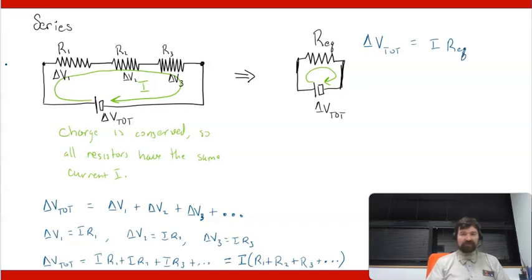So if I notice that I have a delta V total here and I have a delta V total here, I can set the two sides equal to each other.